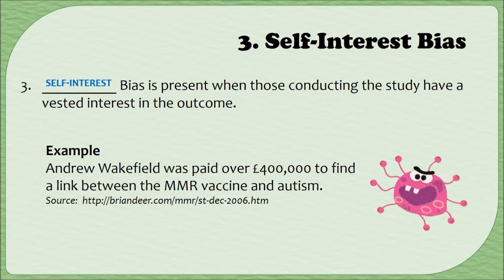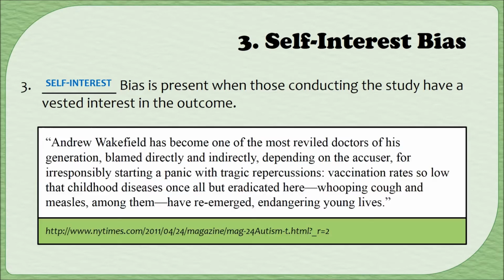In fact, the journals that published Wakefield's results have all unpublished them. They've all taken them back and said, actually, no, when we try to replicate them, we cannot replicate his results. The New York Times has even commented on this, saying that Andrew Wakefield has become one of the most reviled doctors of his generation, blamed directly and indirectly, depending on the accuser, for irresponsibly starting a panic with tragic repercussions.